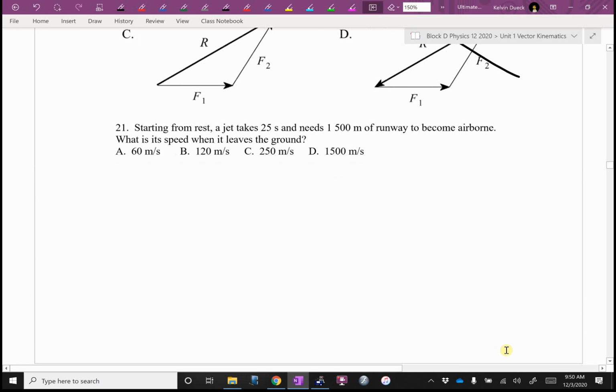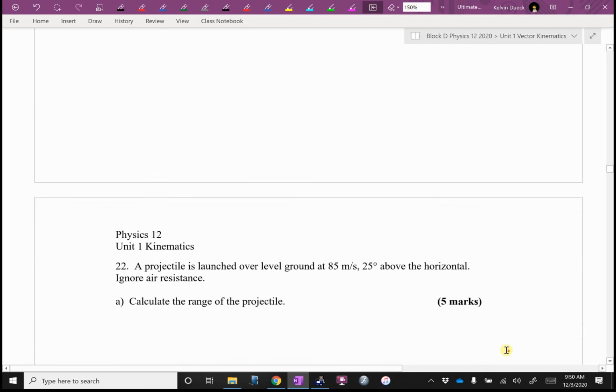I think in 21 you can't find V final right away. You'll have to find A first and then find V final. Unless you remember that one from last year that had the VI and VF in brackets, but it's redundant. I didn't give it to you on your formula sheet this year because if you find A, then you get V final just fine.